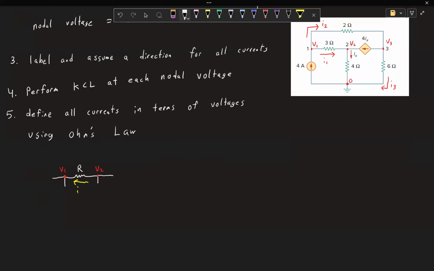So now to define the current in terms of voltages, for this example, you would say I equals V2 minus V1 over R. So every time you have something like this, you're going to see where the current starts.